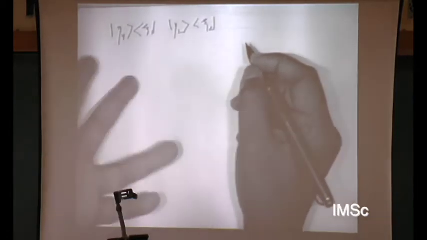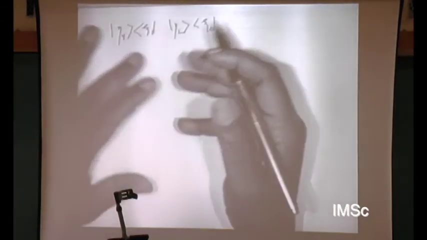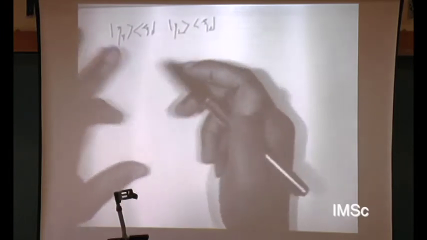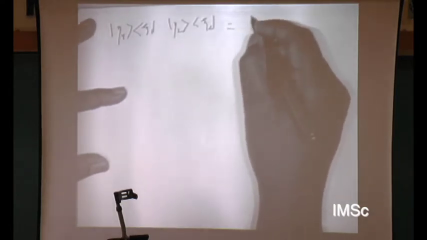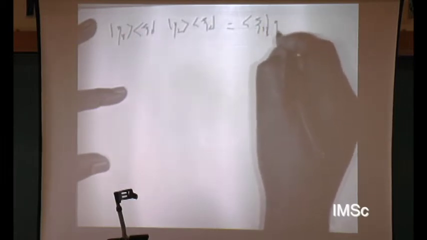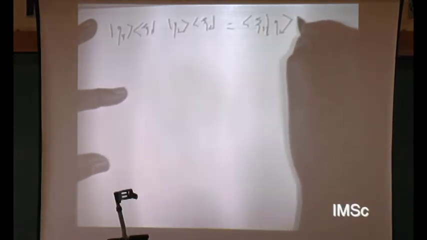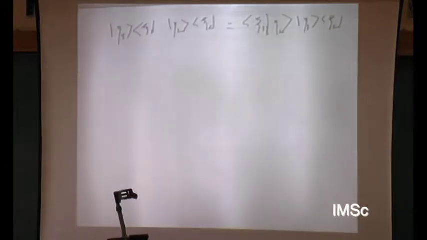See, the notation is beautiful. You just collapse the things together to get an inner product in the middle. So the answer will be actually psi 1 eta 2, which is a number, times eta 1 psi 2. You can verify that is exactly how you can compose the two operators.